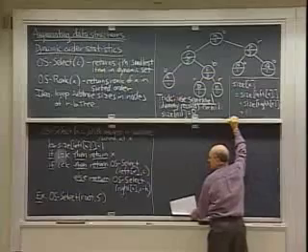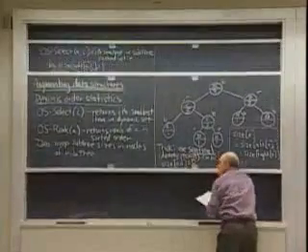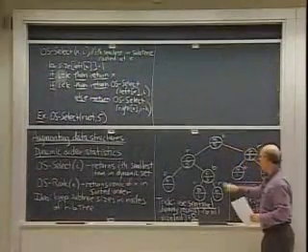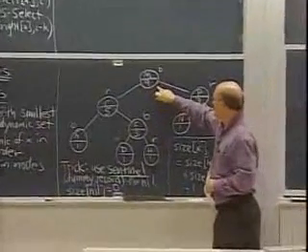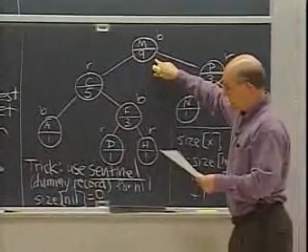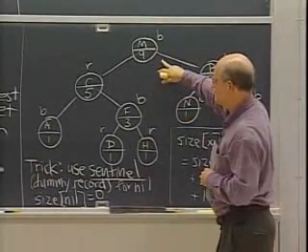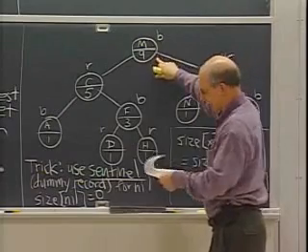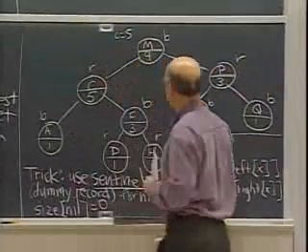Let's just switch the boards. Here we go. We start out at the top, and i is 5 at the root. So we want to find the fifth largest.